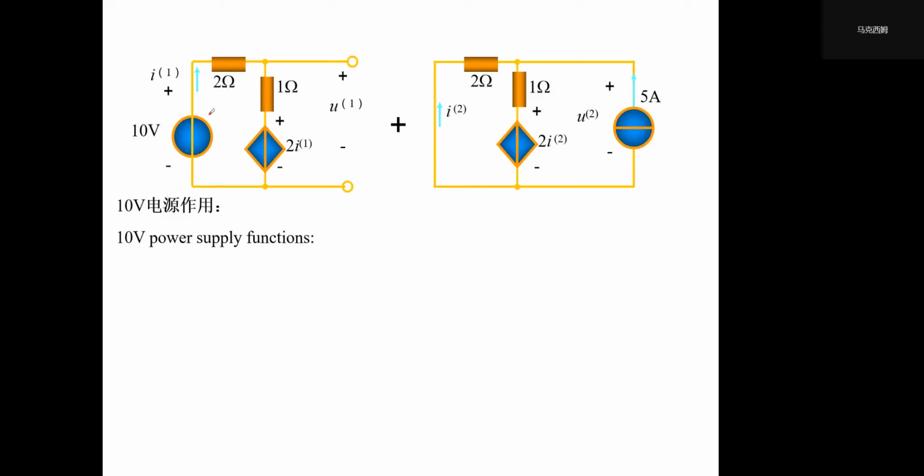The voltage of this resistor is 2I1, and this one is 1I1, right? So combined they are 5I1.